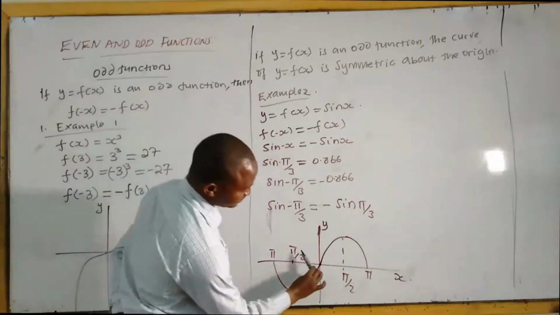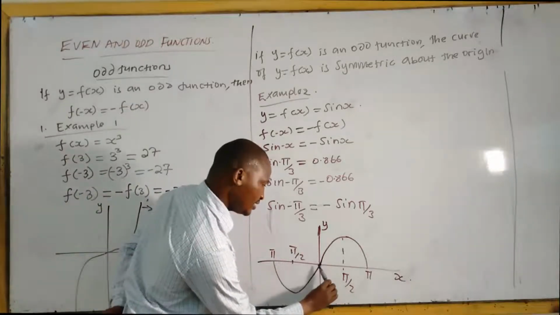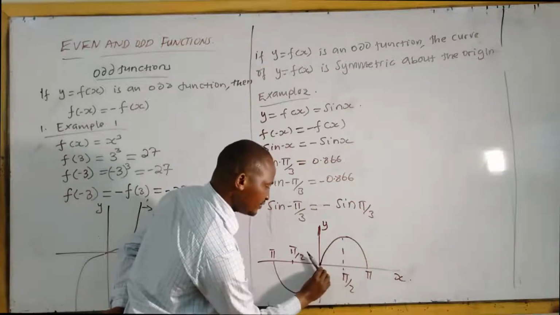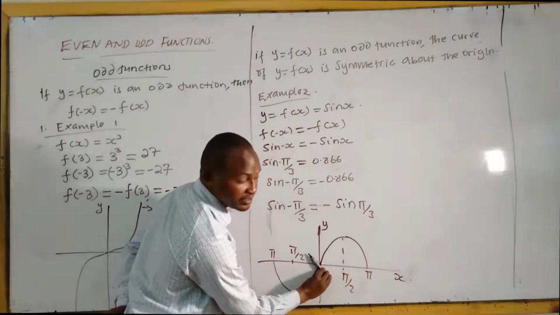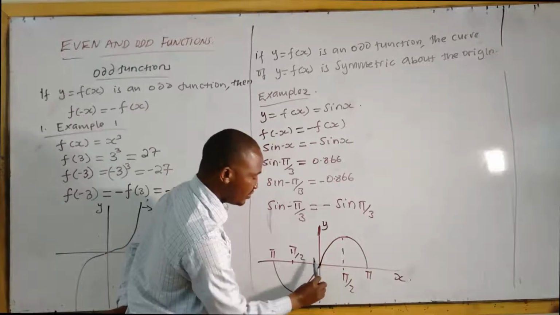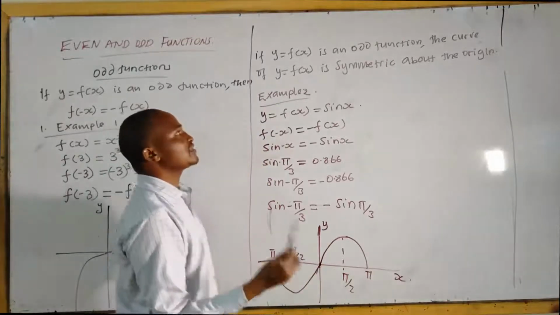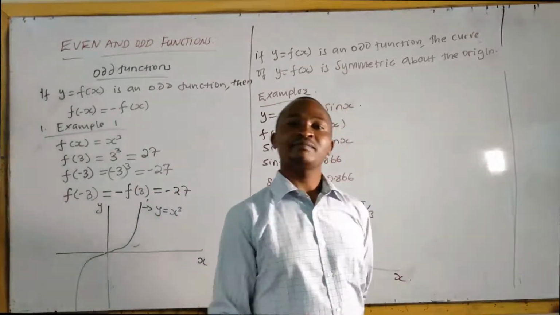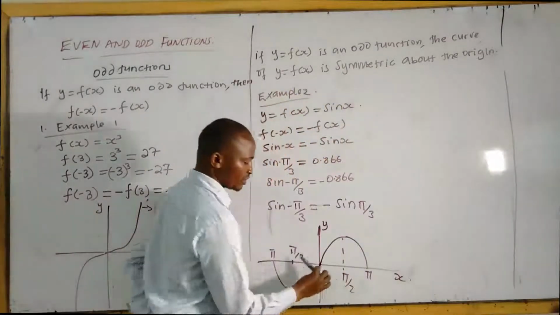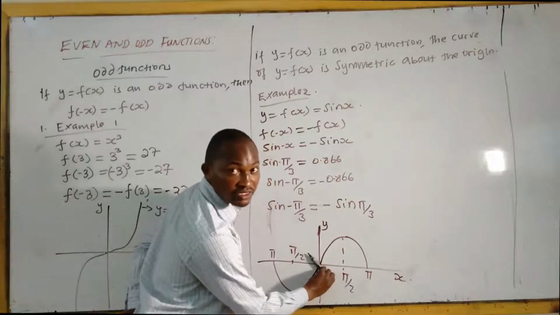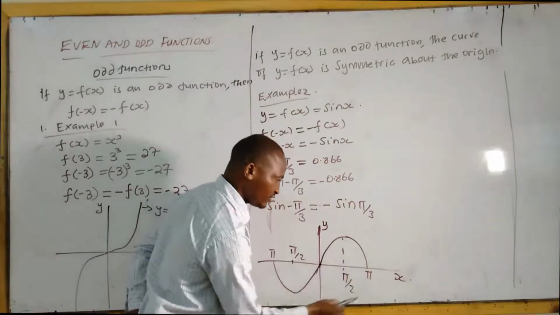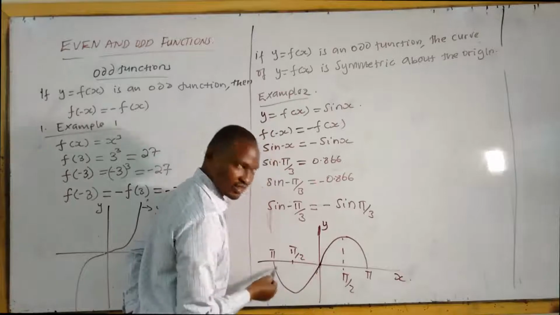You can see here, if you put a mirror here, its image inside the mirror will be this. That's why we are saying the curve of y as a function of x is symmetric about the origin. Because you are putting your mirror on the origin to produce the image of this, which is now this one.